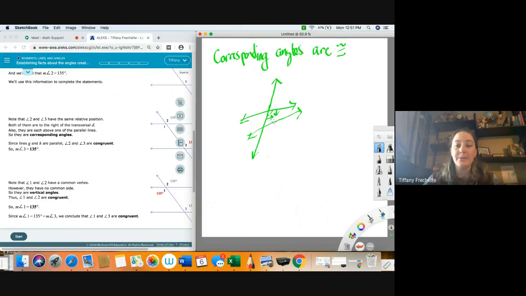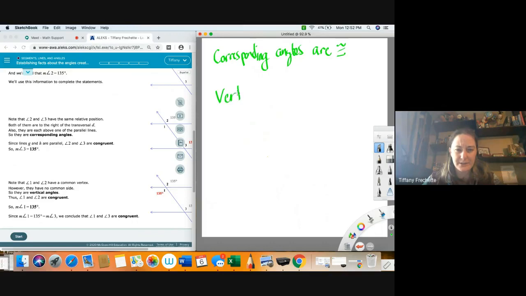So I want to go to my other parallel line and I want to go to the bottom and to the right of the transversal. And there we go. It's right here. So I'm just putting the arc in between the two arrows I'm making. So once we know how to identify corresponding angles, it makes it a little easier because we know corresponding angles are congruent, which means they equal the same thing. All right.